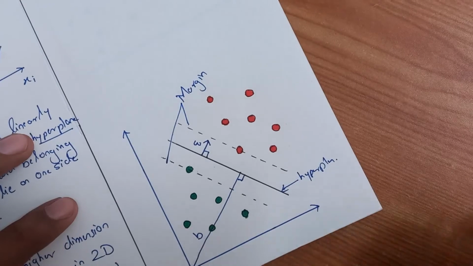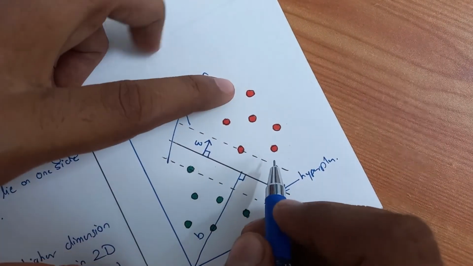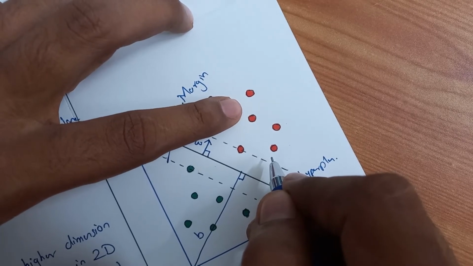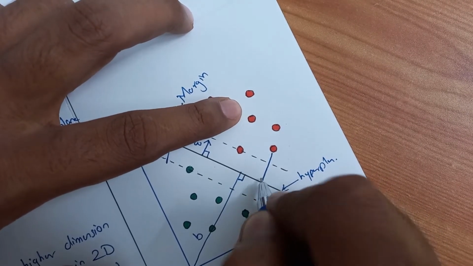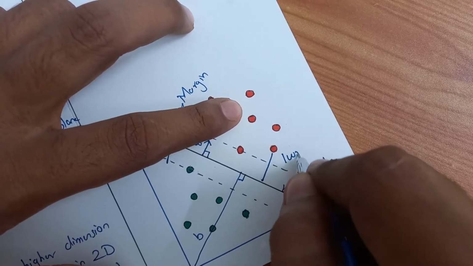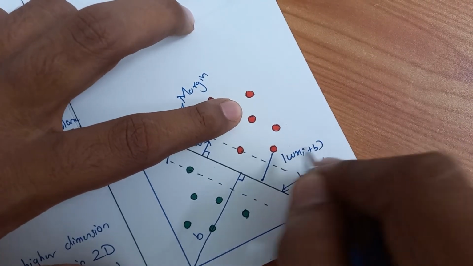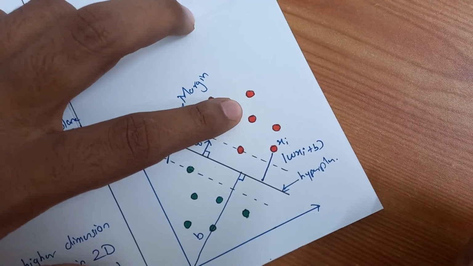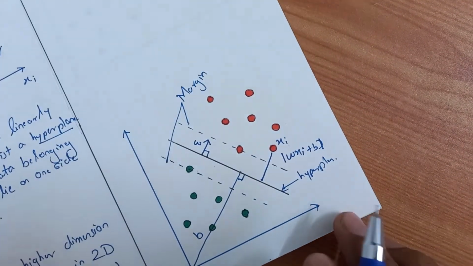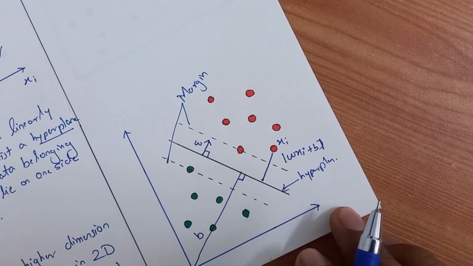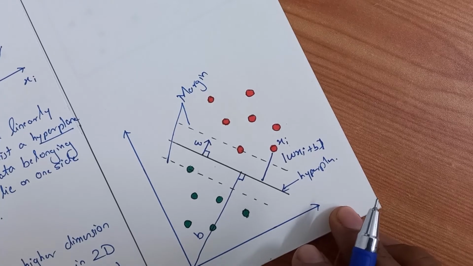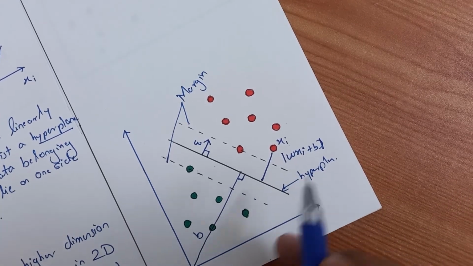Let me show you. You can see this point. We can actually calculate the distance of this point by the equation W into xi plus B. If suppose this is the xi point, let me put the mod symbol there. Similarly, every point we can put, or we can calculate the distance of every particular point here by using this formula.